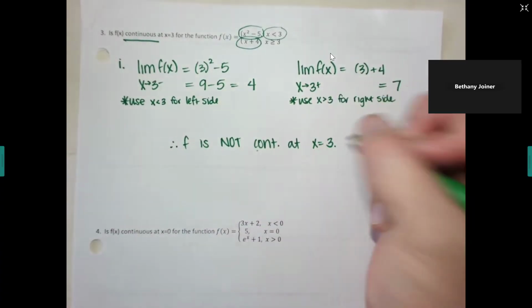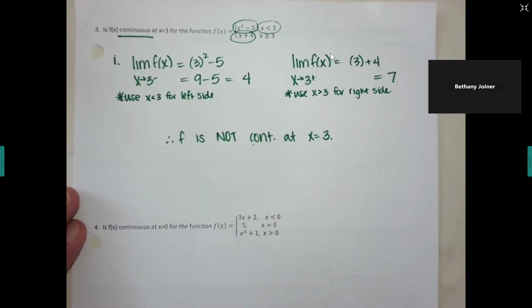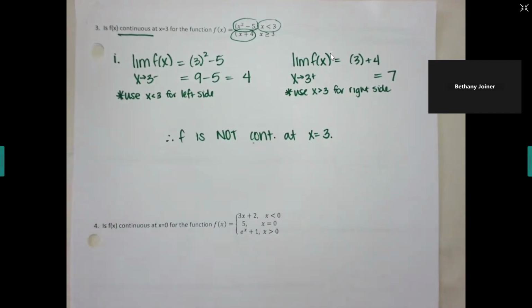All right, set the next one up. It's asking you if the function's continuous at 0. So set up your very first condition, left and right sides.